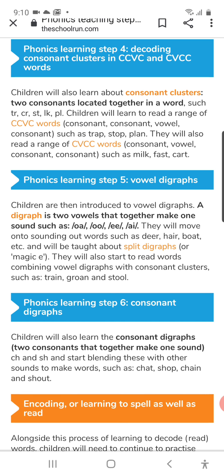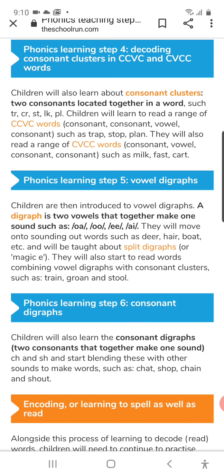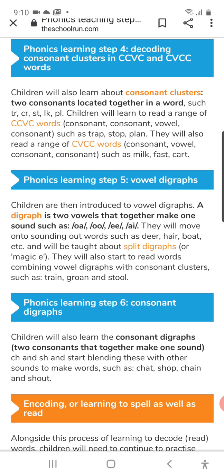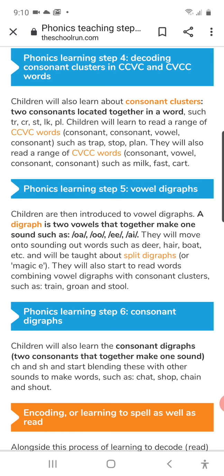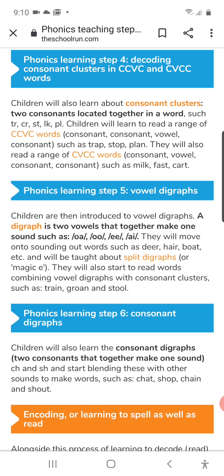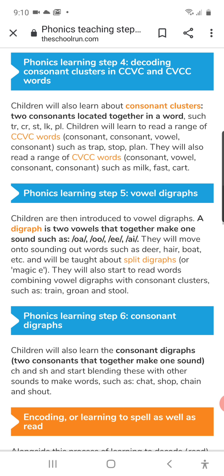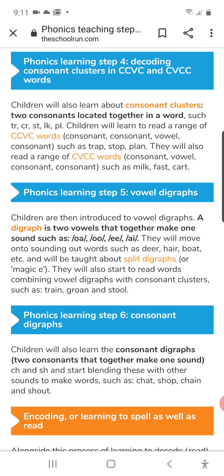Number 4 is decoding. As I said earlier, decoding consonant clusters in CCVC and CVCC words. Children will learn about consonant clusters, two consonants located together in a word such as tr, kr, st. Children will learn to read a range of CCVC words.